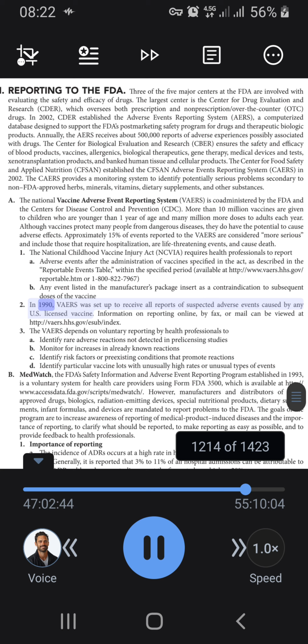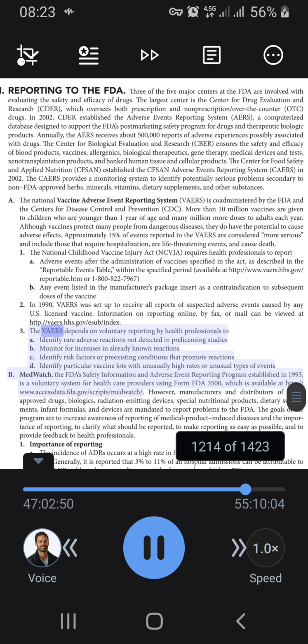2. In 1990, VAERS was set up to receive all reports of suspected adverse events caused by any U.S. licensed vaccine. Information on reporting online, by fax, or mail can be viewed at vaers.hhs.gov/esub/index. 3.